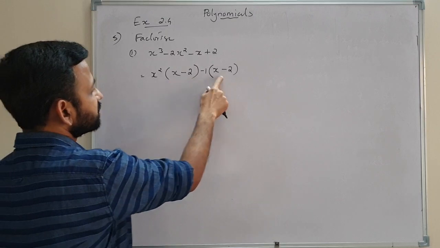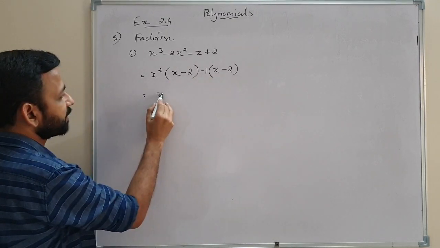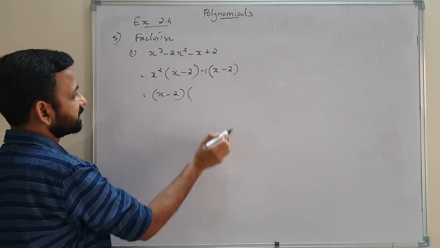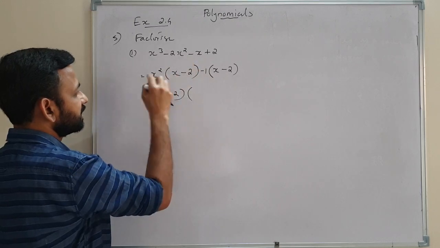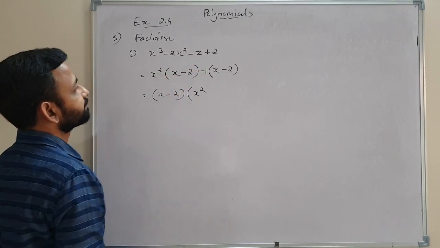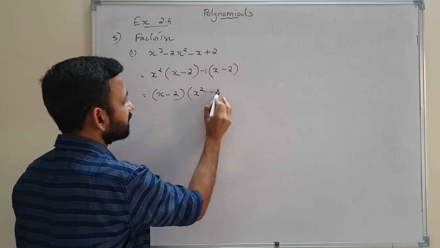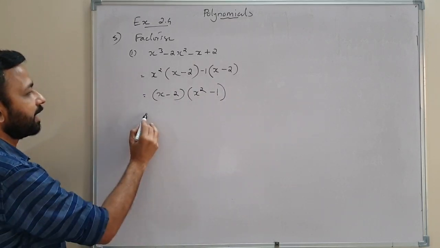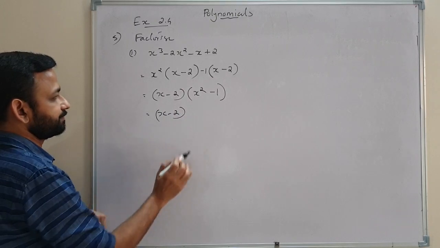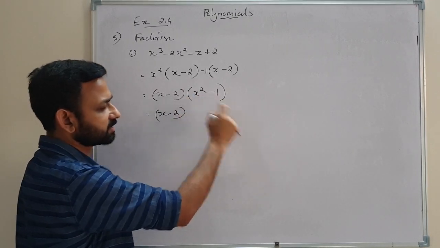Now we have x minus 2 common, so we can take x minus 2 outside the bracket. x minus 2 outside, then x square remains, and minus 1 remains. Now that is equal to x minus 2 into x square minus 1.